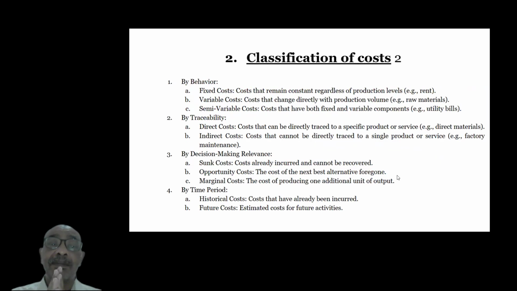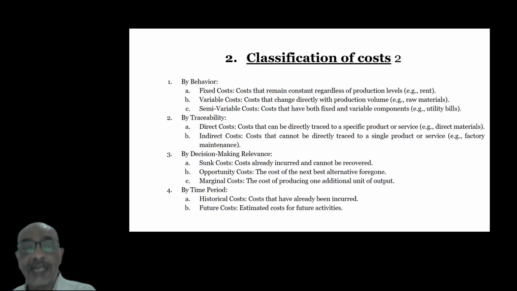By behavior, also you can classify. Behavior means how the cost is going. There are three categories also in behavior: fixed cost, variable cost, and semi-variable cost.